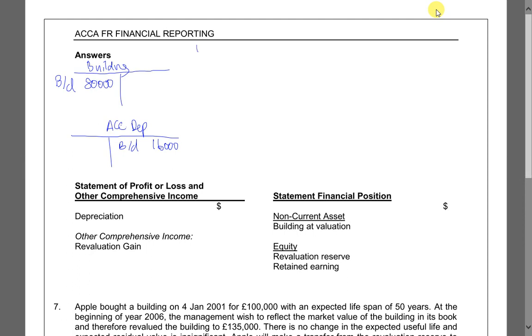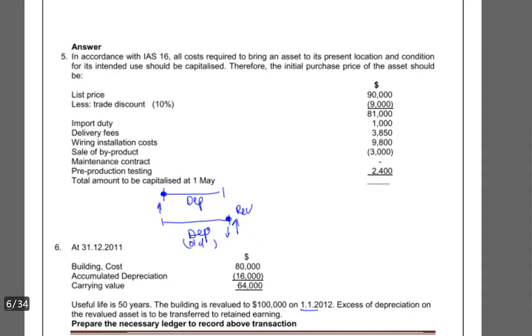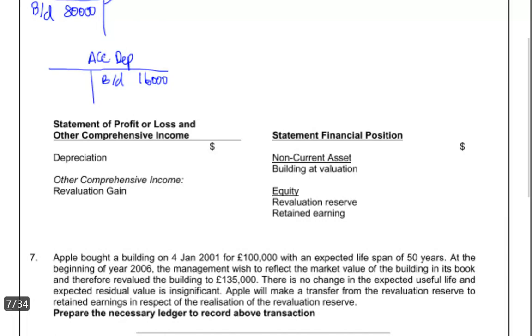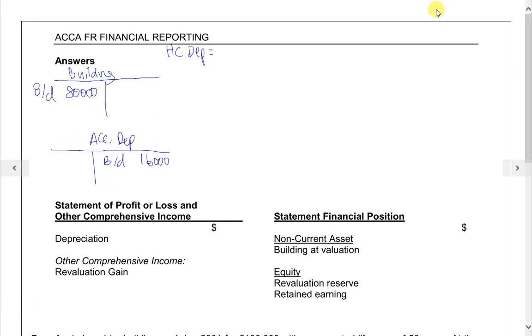What's my original depreciation? We call this historical cost depreciation. 50 years, so 80,000 divided by 50, 1,600.